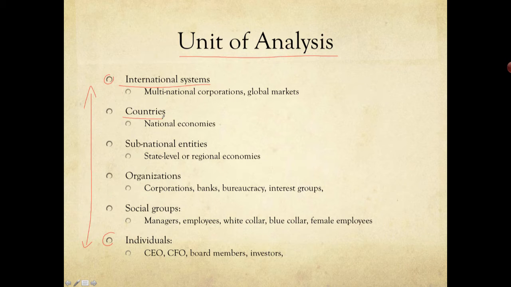Then you would compare the national economies of Japan and the United States. Or you could then go down one level of generality and compare subnational economies, comparing how Texas economy performed relative to that of New York State, or regional economies, the Northeast with the Southwest, and so forth.